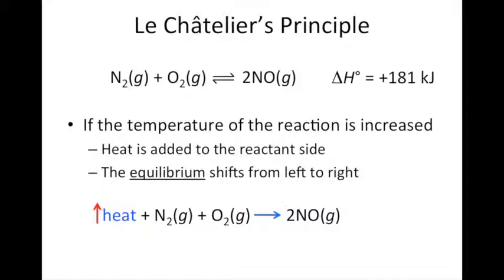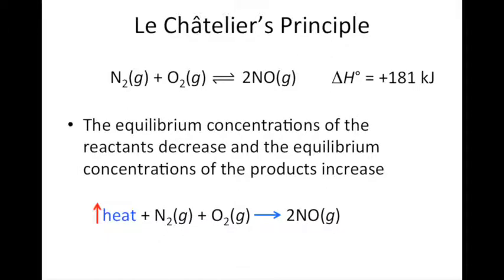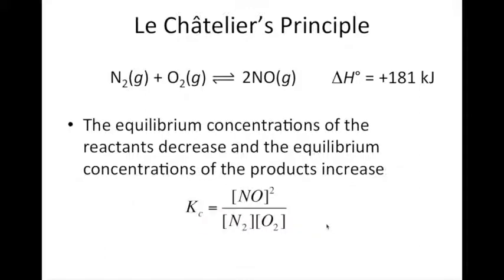So what's going to happen to my reactant concentrations? Well, the reactant concentrations are decreasing, and the product concentration is going to increase relative to what they were prior to my temperature increase. So we're going to have a new equilibrium constant. Well, if our equilibrium we said is shifting from left to right, our reactant concentrations are decreasing, the product concentrations are increasing.